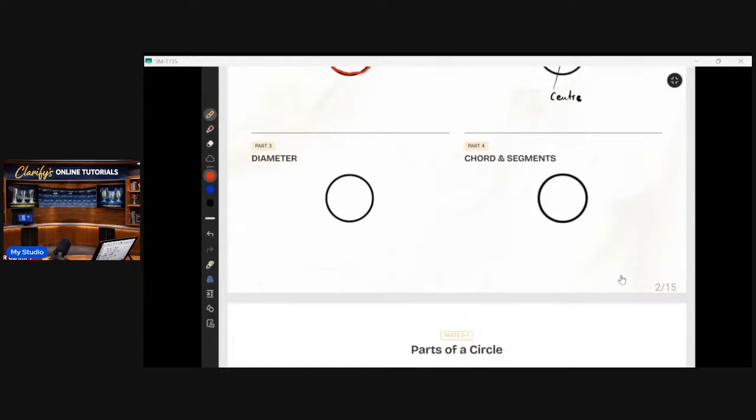Diameter is going to be the next part that you have to know. Diameter, you need also the center of the circle to be there. It is now a line that starts from one part of the circumference, passes through the center, and goes to the other circumference. Any line that does that is called diameter.